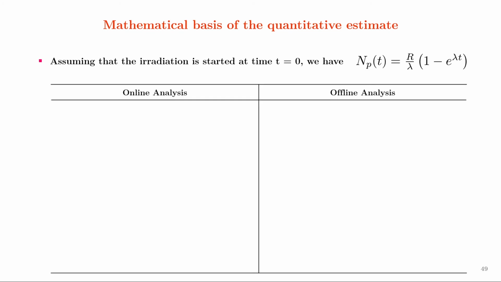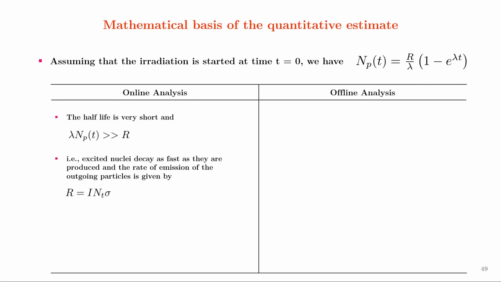We will consider two cases, online analysis and offline analysis. In online analysis, the half-life is very short and lambda times Np(t) is very much greater than R. That is, the excited nuclei decay as fast as they are produced, and the rate of emission of the outgoing particles is given by R equal to I times Nt times sigma.